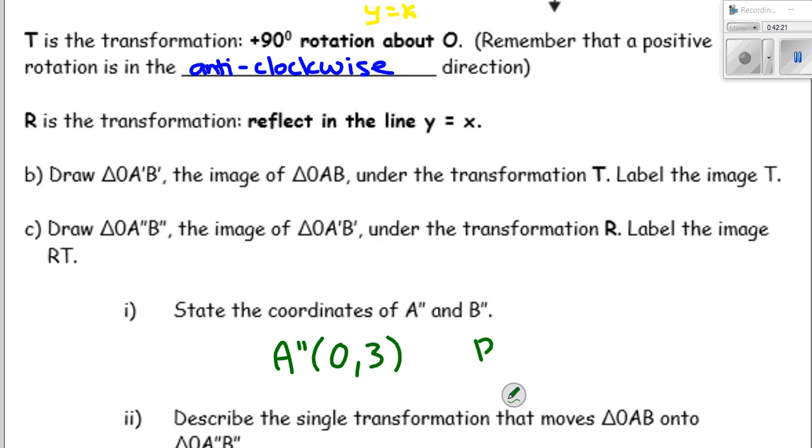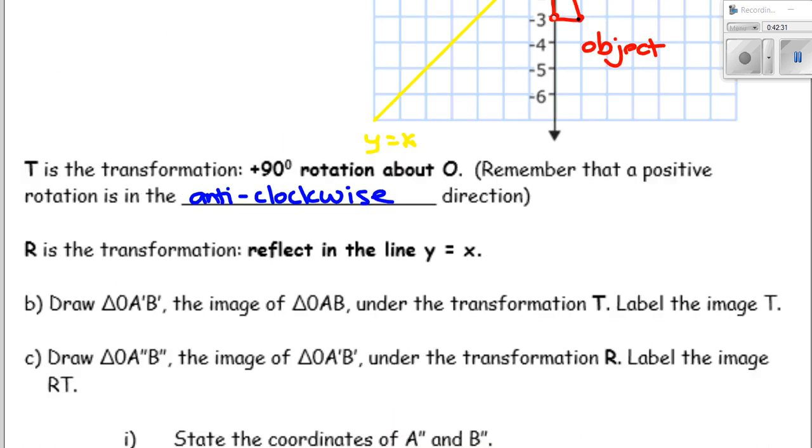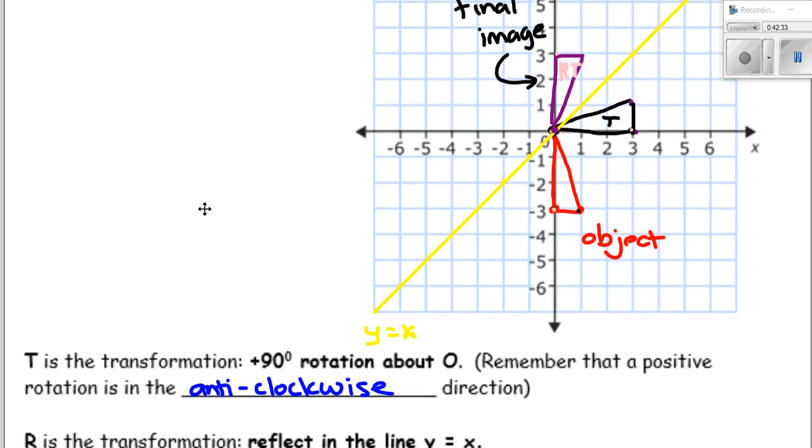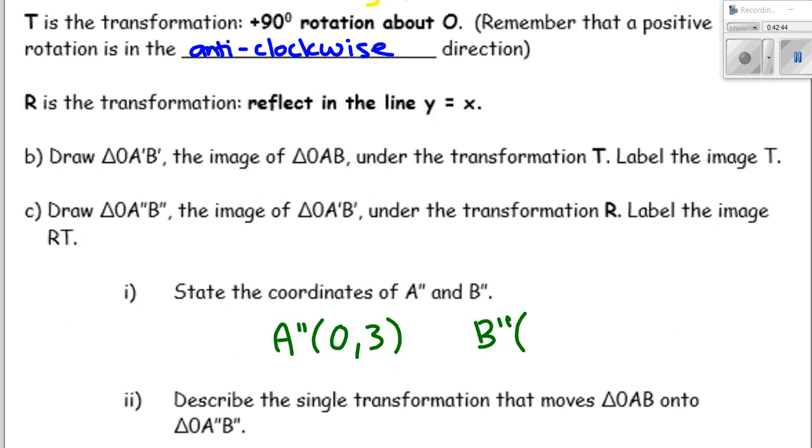And what's B''? Let's have a look above. B'' was this one, then it became here, and then it reflected and became there. So it's (1, 3). So B'' is (1, 3).